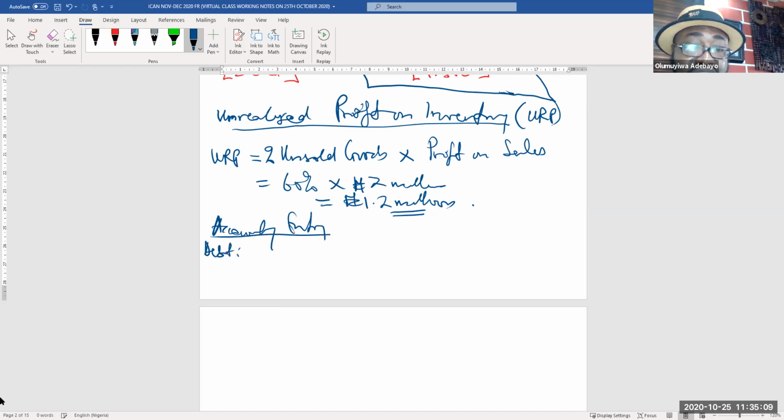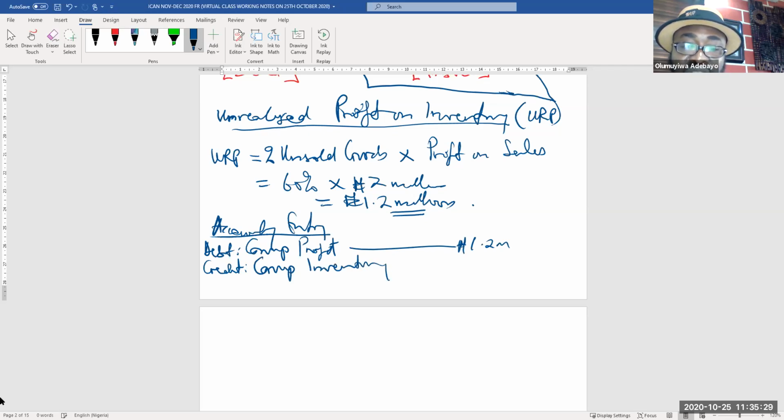The unrealized profit will be removed from the parent's profit because the parent sold the item. And it will also be removed from the inventory of the subsidiary because the inventory has been overstated by that same amount included by the parent.